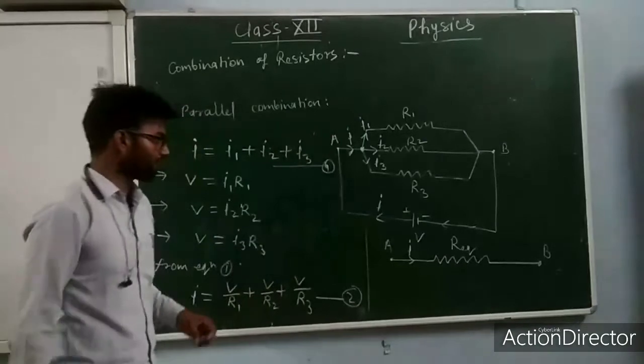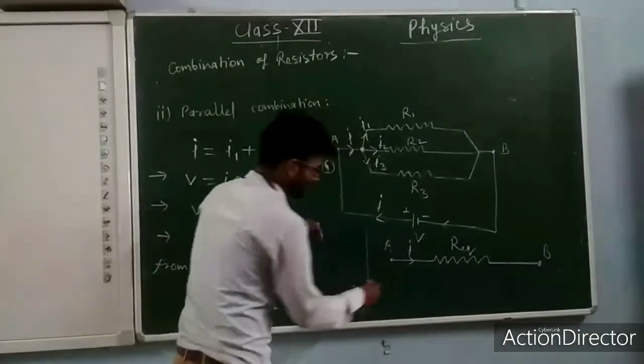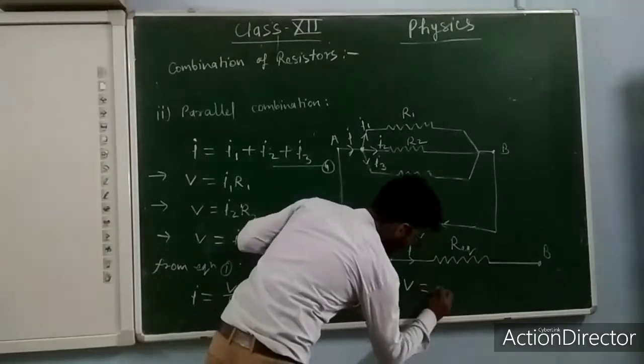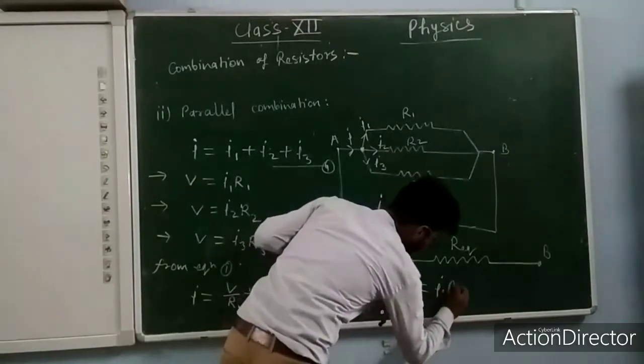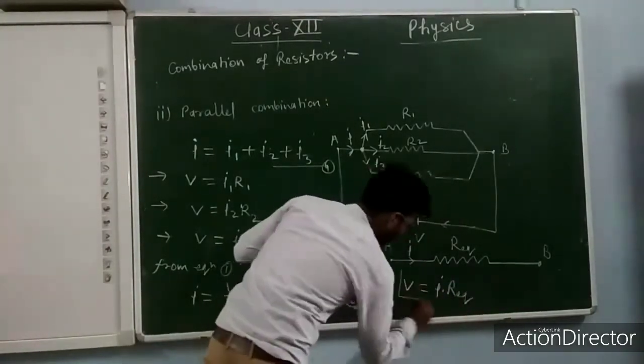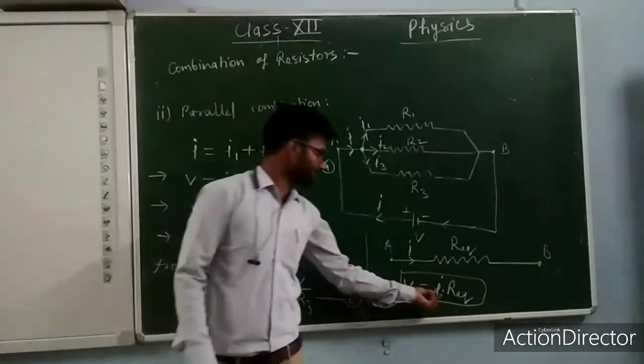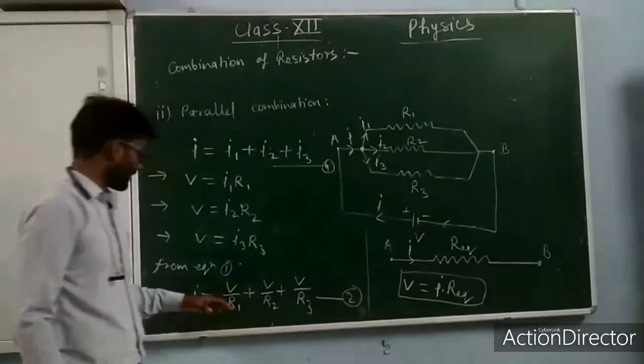So for this equivalent circuit we can apply the Ohm's law. What is Ohm's law for this circuit? V equal to I, and what is the resistance? R equivalent, right?